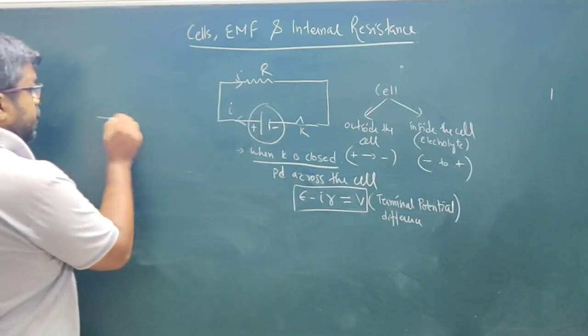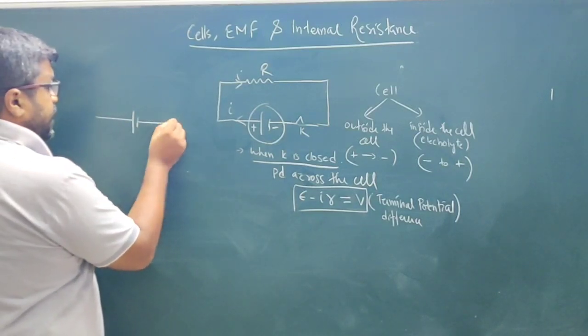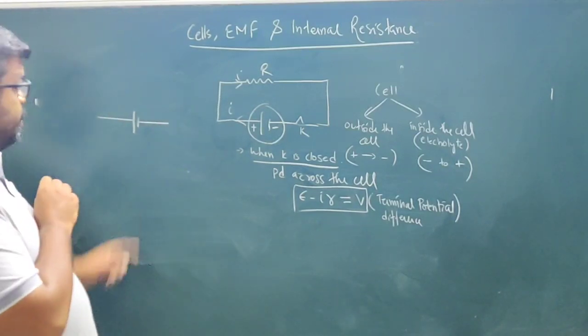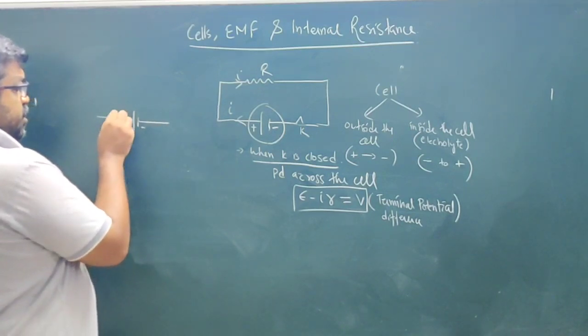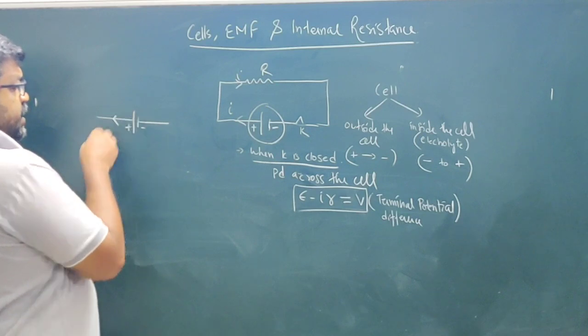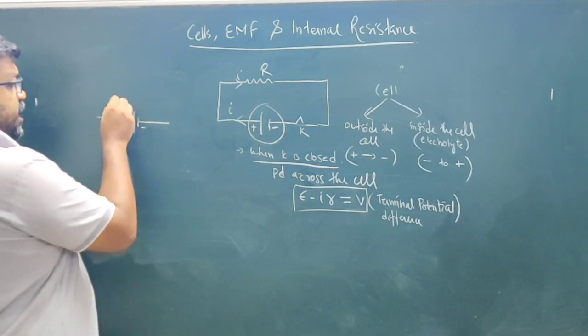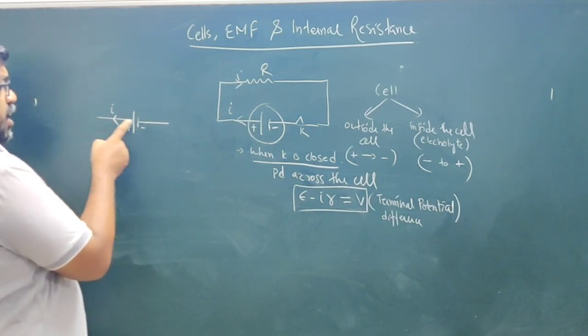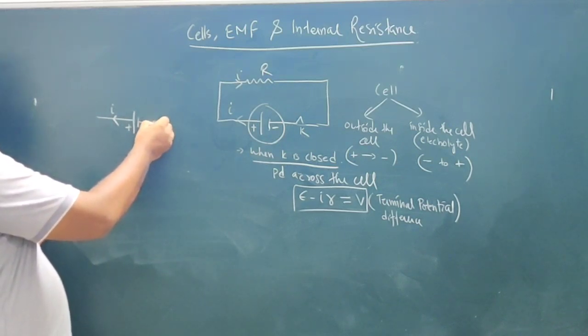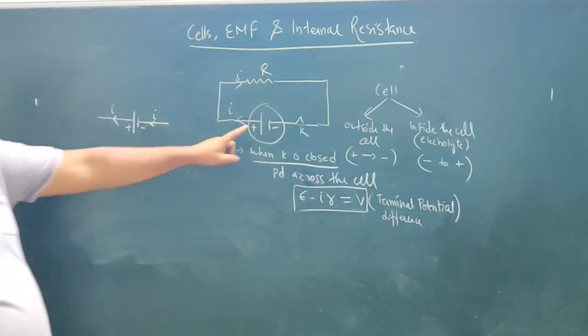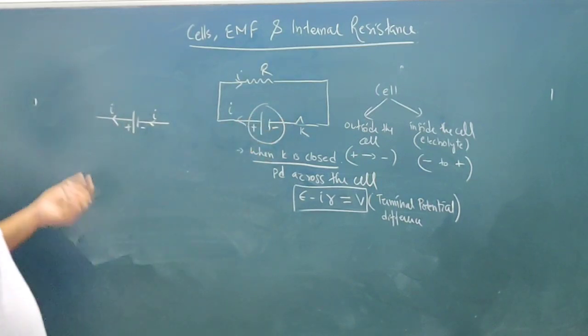For a cell like this, this is the symbol for a cell. This is the positive electrode, this is the negative electrode. So current normally flows like this. This is the directional flow of current. It flows outside the cell from the positive terminal towards the negative terminal. This is how the current is flowing.